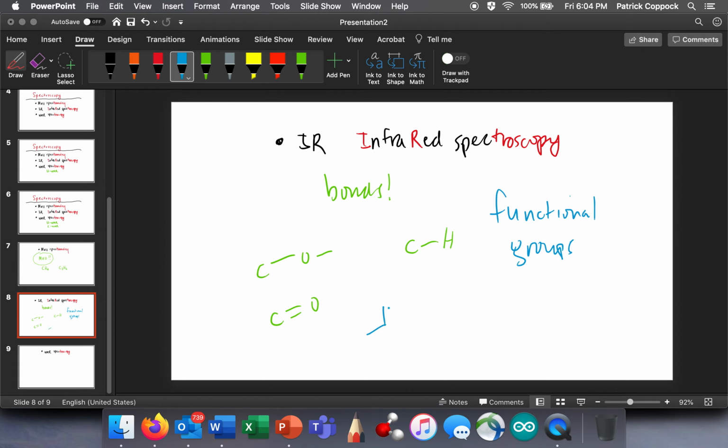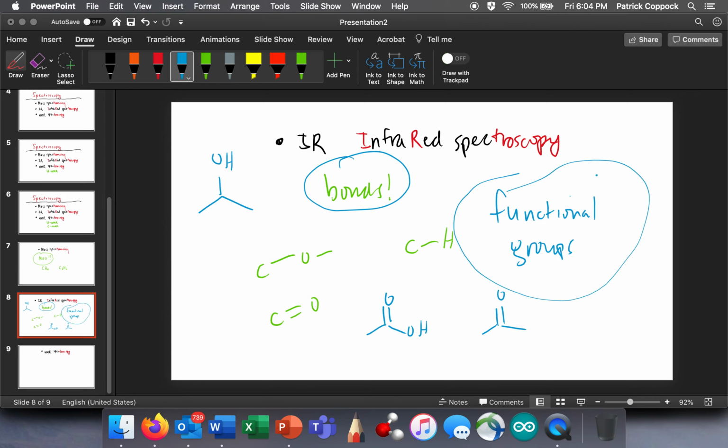If you have a functional group that looks like that, it's got different kinds of bonds in it than a functional group that looks like that, which has different kinds of bonds than a functional group that looks like that. But really what we're measuring is bonds. So with IR, we measure bonds, and we're going to talk about functional groups with IR, all right?